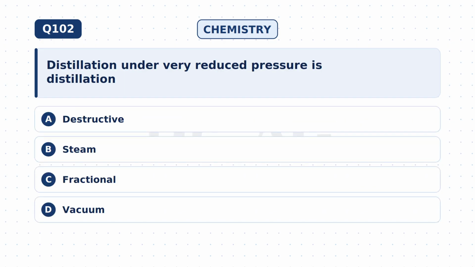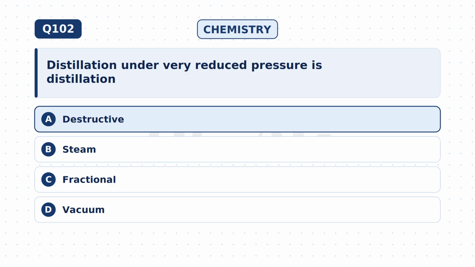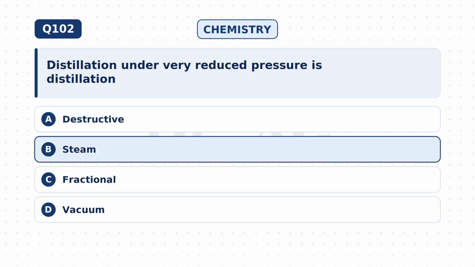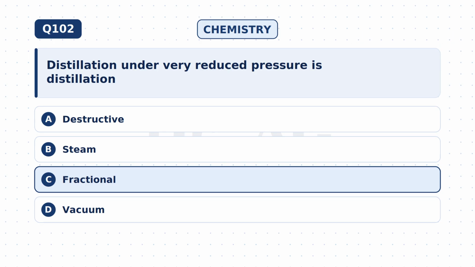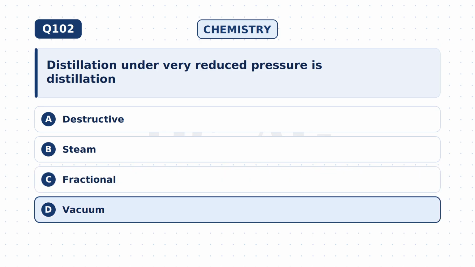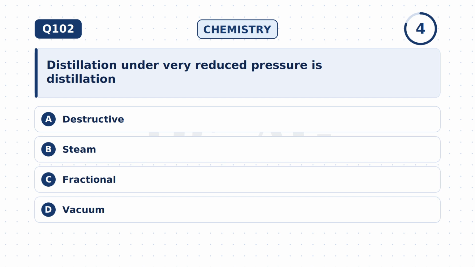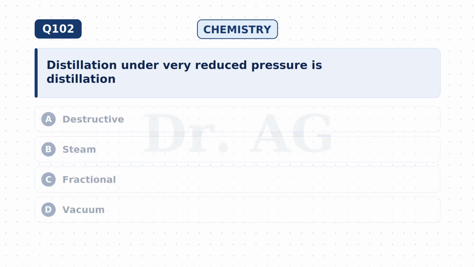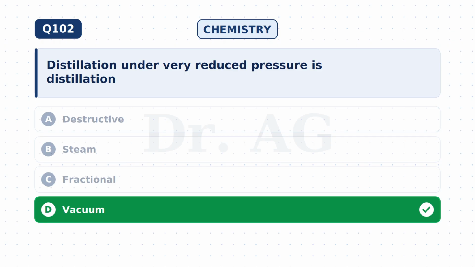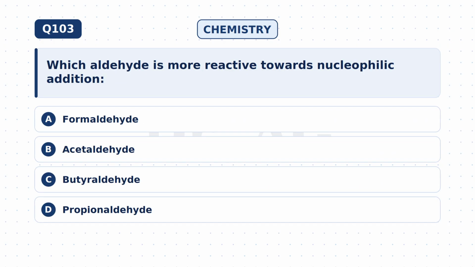Question 102. Distillation under very reduced pressure is distillation. Option A, destructive. Option B, steam. Option C, fractional. Option D, vacuum. The correct answer is D, vacuum. Question 103.